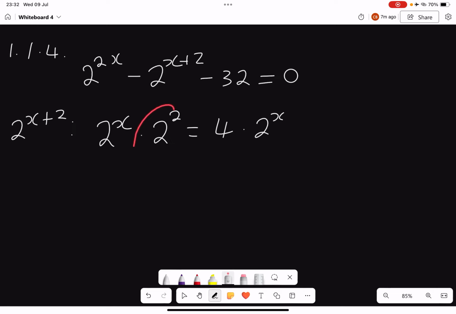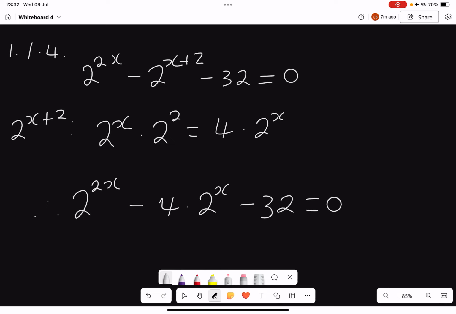So we can agree that therefore the equation becomes 2 to the 2x minus 4 multiplied by 2 to the x minus 32, which equals 0.